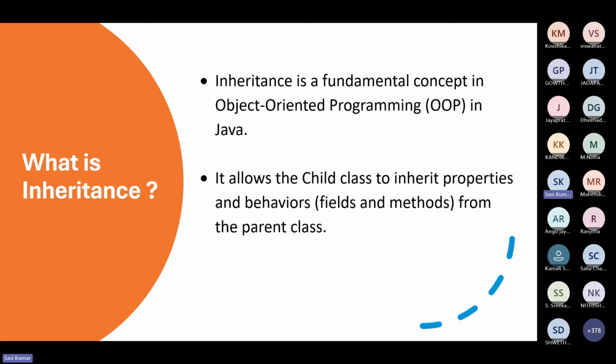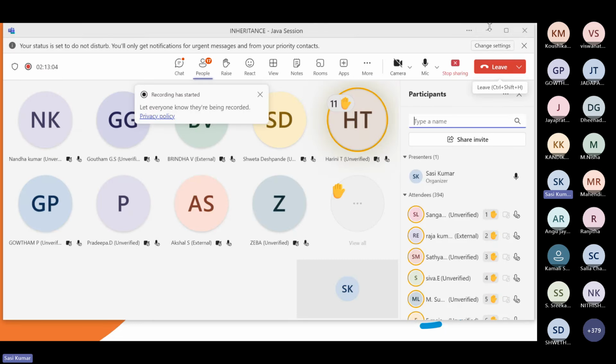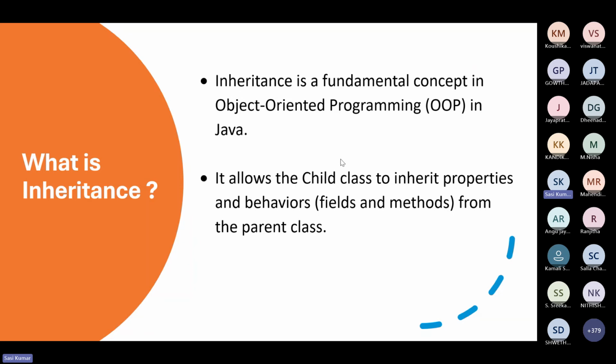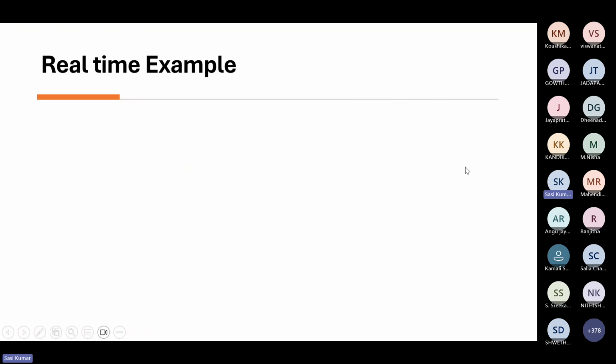I hope you understood, at a very high level, what inheritance is. We are going to see it in depth. You do not need to worry if you are not able to understand from this definition, that is okay. But from this next example, for sure you will understand.